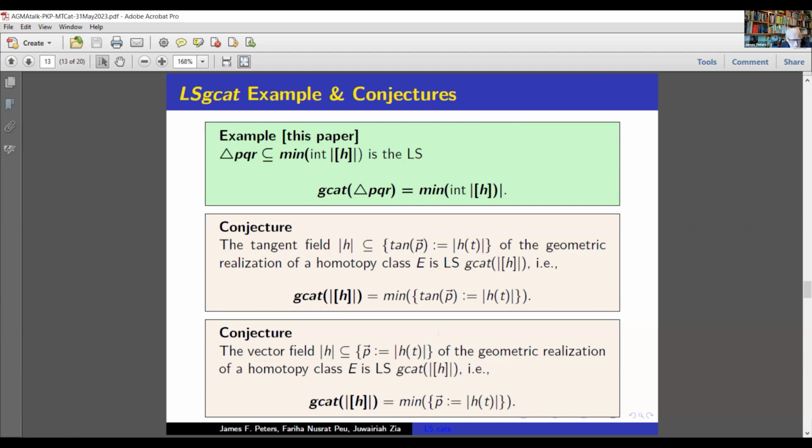Okay, then they have conjectures which are recent and still need to be verified, namely that the tangent field of a path, the geometric realization of a path, is in fact the basis for a geometric category. And similarly, if you have a vector field, you have a similar result.